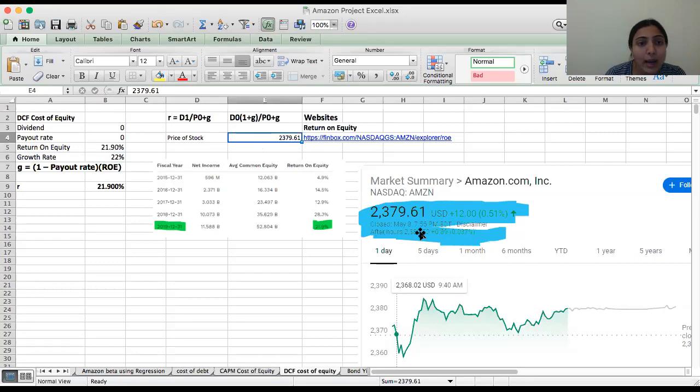So I've applied it in the formula: dividend zero divided by the current stock price, 2379.61, plus the growth rate, which I found is similar to my return on equity, 21.90%. In this way, I applied all the numbers in the formula, and I got my cost of equity, 21.90%.